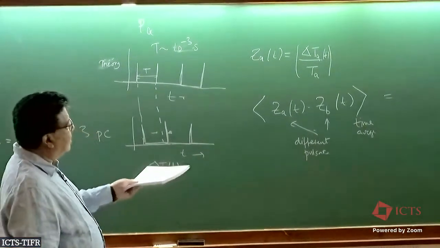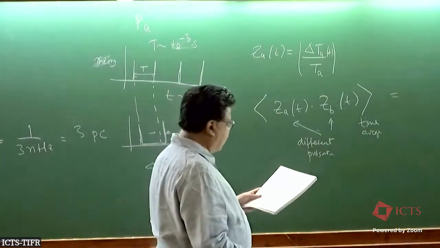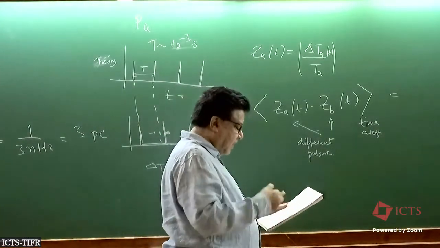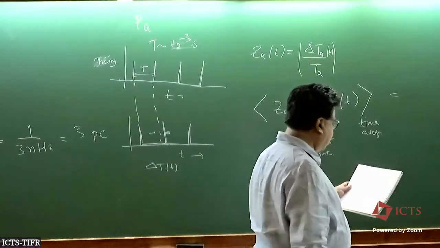I'll tell you what shape of this cross correlation is expected and what is observed, and then I'll try to derive why it should be like that.